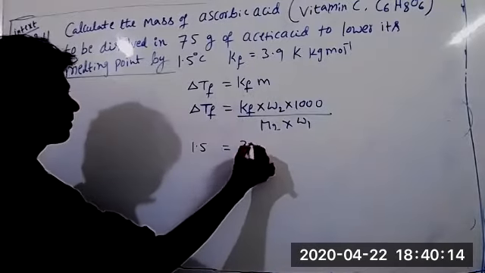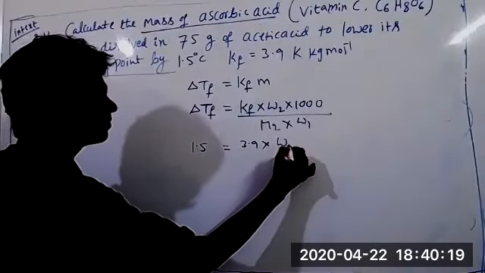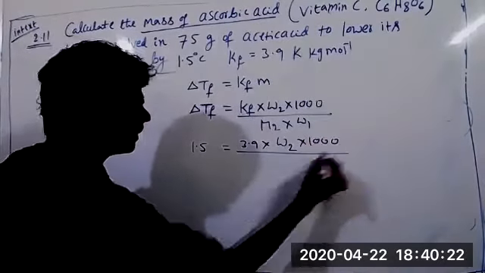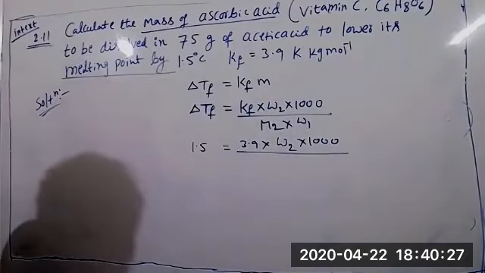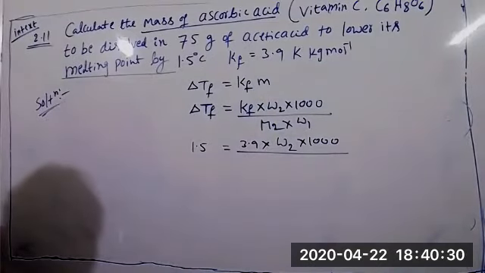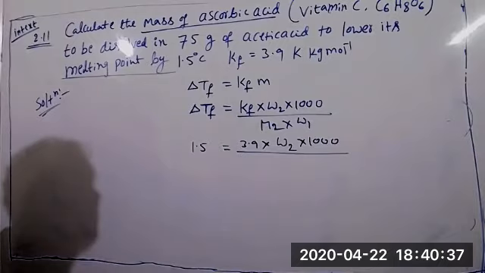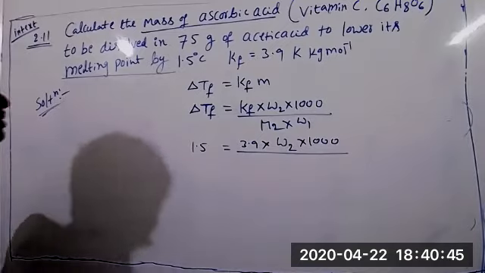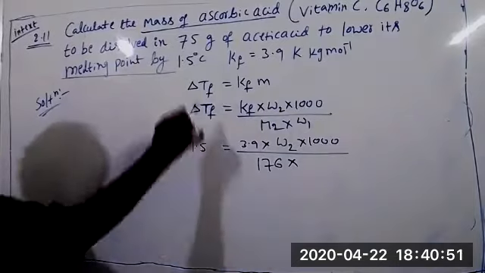Kf 3.9 into W2, the mass of ascorbic acid we have to calculate, into 1000 divided by M2, the molar mass of ascorbic acid, vitamin C, which is 176, into W1, the mass of solvent, 75 grams.